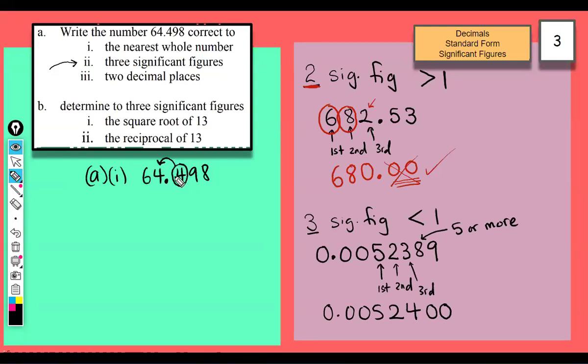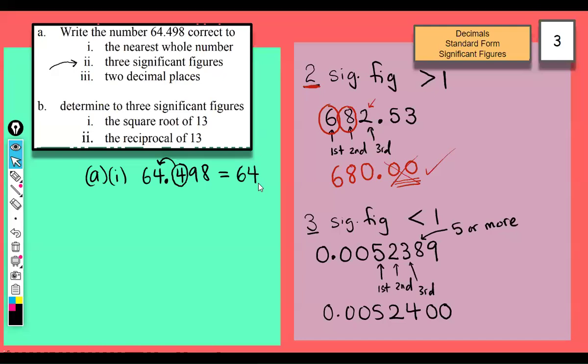But this number is what? Less than 5. So we don't have to add 1 here. So the answer for number 1, I would put as 64. It's like you have 64.49 or something like that, and I ask you to round it off to the nearest whole number, right? So I will go with 64.